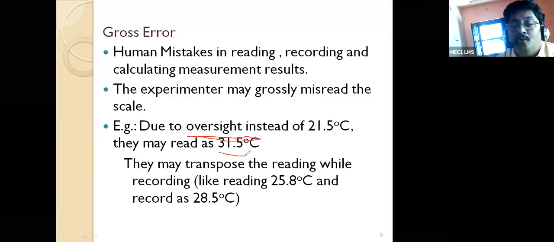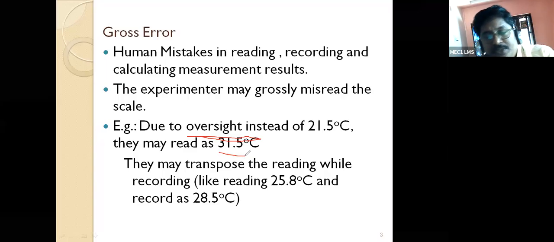Instead of the correct answer, 21.5 degrees centigrade, he will read 31.5. Here the parameter is the physical variable temperature. Actually, the instrument shows correct, but the human is making mistakes by reading wrong due to the eye defect.